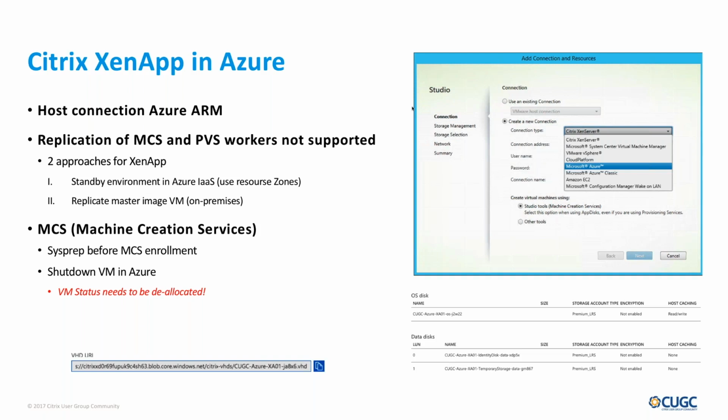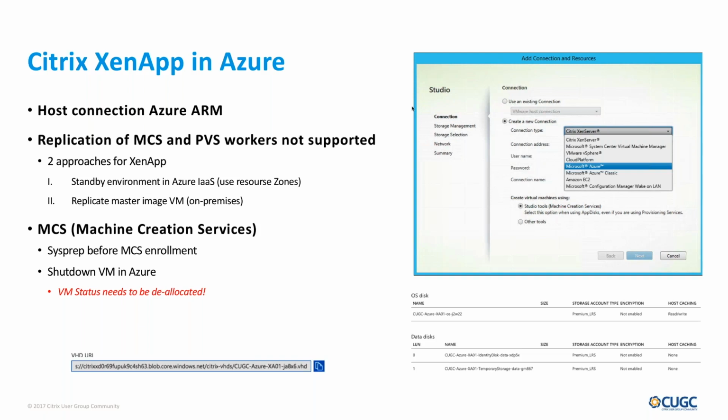So you're creating a XenApp environment in Microsoft Azure that is always standby active in Microsoft Azure. Or you can choose to replicate the master image in the on-premise environment. And that is the way that we are using in this demo on the next slides.